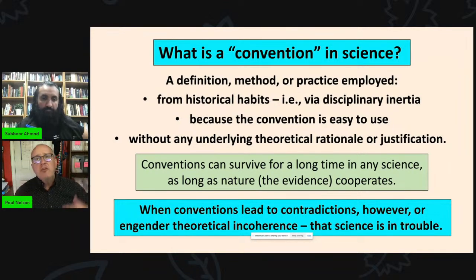And if you continue to use the convention in the face of anomalous data, that can engender theoretical incoherence, and your science can end up in big trouble. All right, so that's what I mean by a convention.